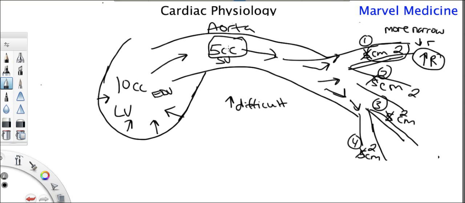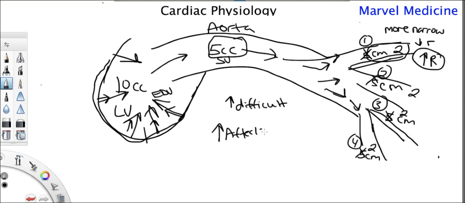So now, in order to get that 5 cc's out and into these arterioles, my myocardium here, my heart, has to work even harder to send it out because it's meeting so much resistance. What did I do? I increased the afterload by decreasing the radius and by increasing the resistance.